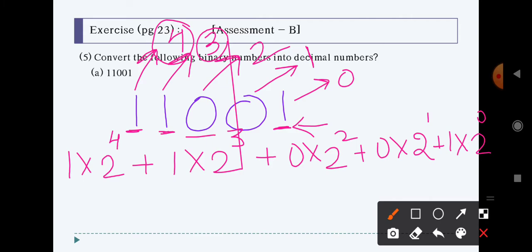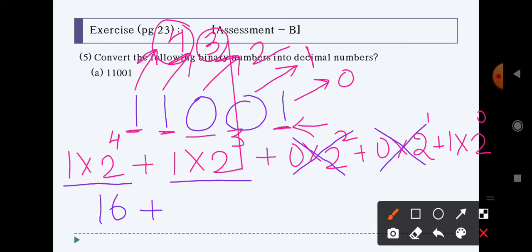Okay, before solving it, 0 into something we will cross out, no output you will be getting. Again 0 into something, nothing you will be getting. Now you solve this one, 2 to the power 4, you will be getting 16. After that you solve 1 into 2 to the power 3, means 3 times 2 you have to multiply, you will be getting 8. After that see this 1 into 2 to the power 0.